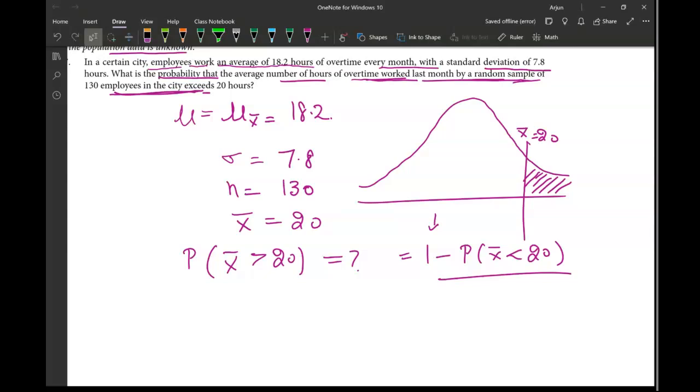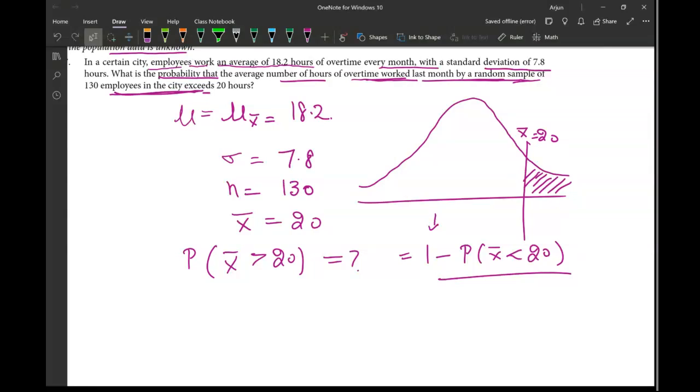And one more thing, I will highly encourage everyone to try one question on finding the sample size also, where you have to find the value of n. Let me see if I can find an example where you have to find the sample size. I could not find it for the time being. Let me just tell you the example.